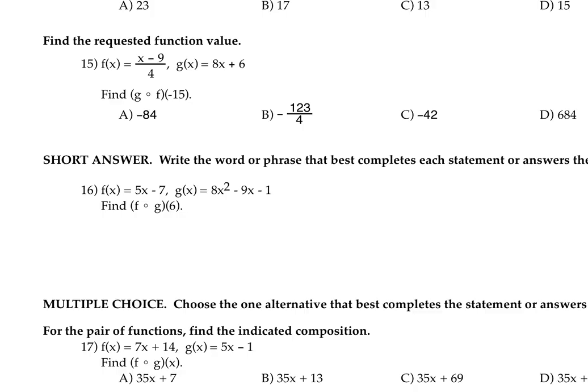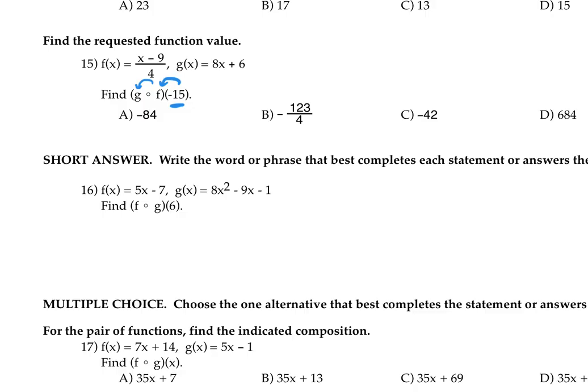You could do the composition first and then plug the number in. Or what we said is if I just have a number here, I'm just working backwards. I'm taking negative 15, plugging it in to the F function. Whatever answer I get here, I'm going to plug it into the G function. So we're working backwards. Okay?